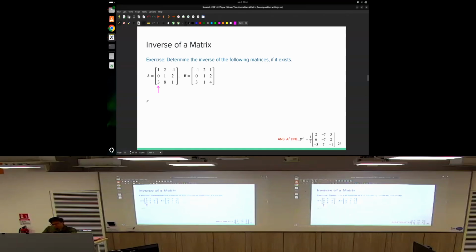So the determinant of A will be 1 multiplied by 1 times 1 minus 8 times 2, minus 0, then plus 3 times minus 1 times minus 1. So 1 minus 16, that's minus 15. Then this is 3 times, what's this? 5 plus 15. So you get 0.